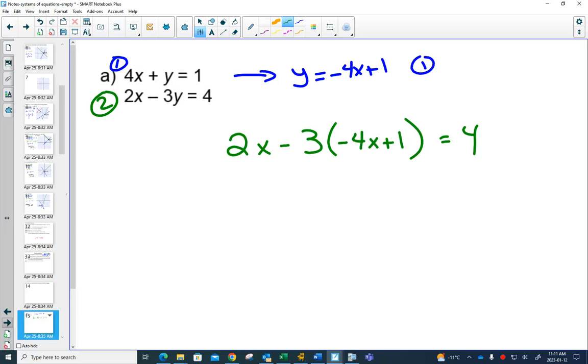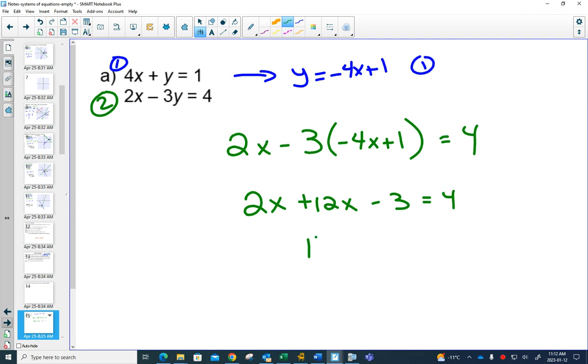Negative 4x plus 1. And now our equation 2, which we're working in green, just has x's. And if I do my math like, oh, I have a 3 out in front, I'm going to have to distribute. This will become plus 12x minus 3 equals 4.